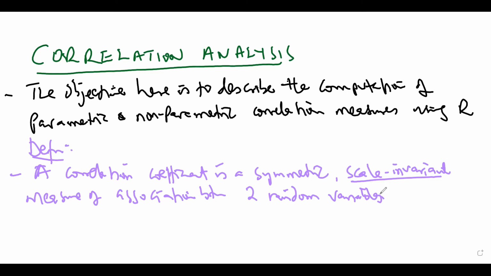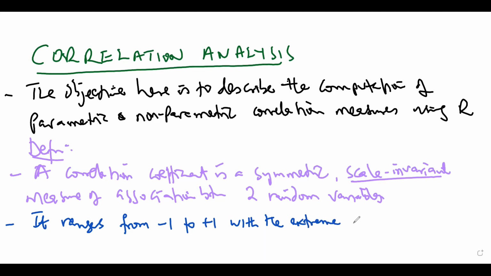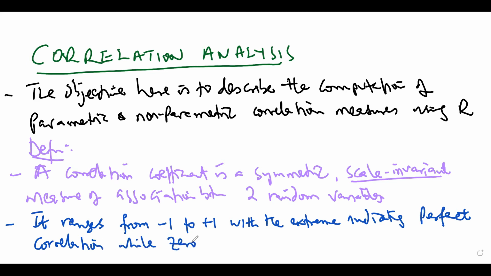Then we can say a few other things, like that the correlation coefficient ranges from -1 to +1, with the extreme indicating perfect correlation, while 0 indicates no correlation.